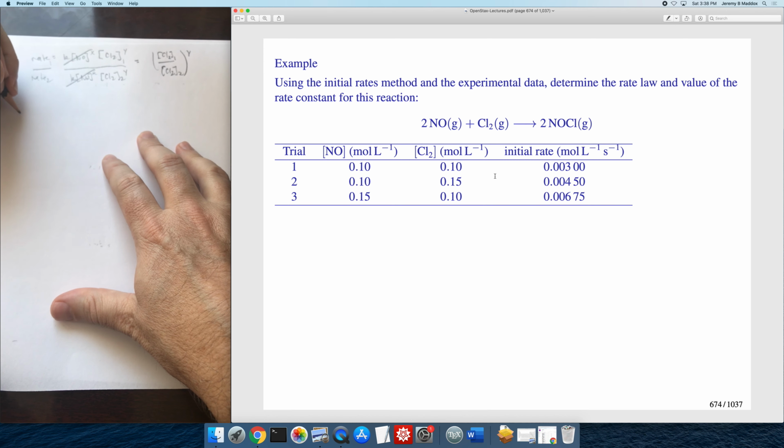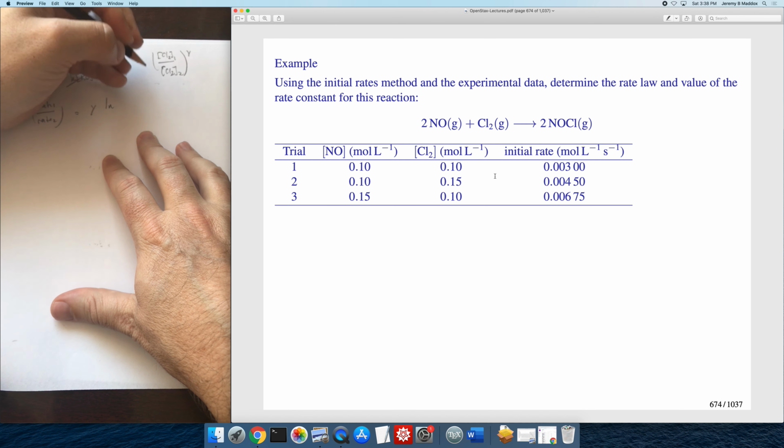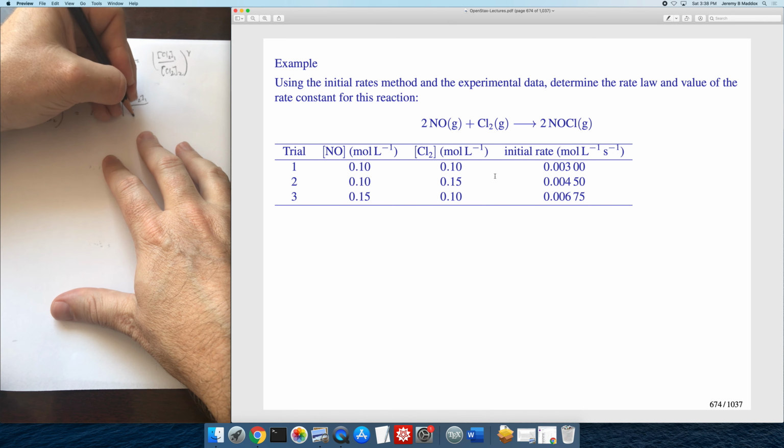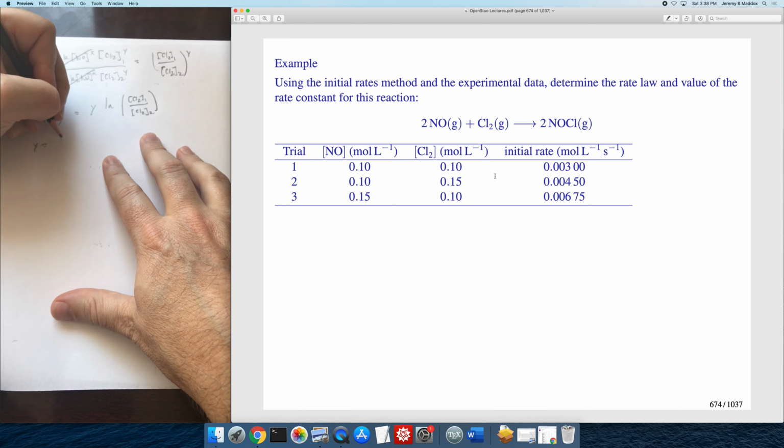Do the same algebra, natural log of both sides. Rearrange.